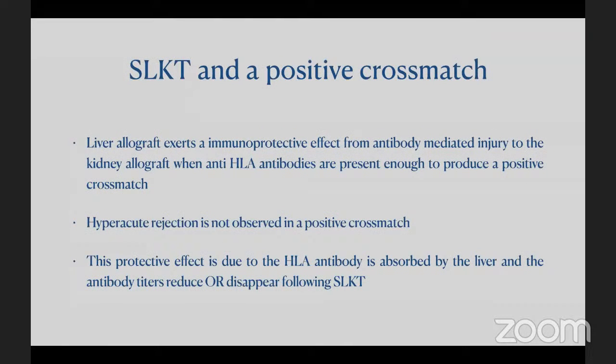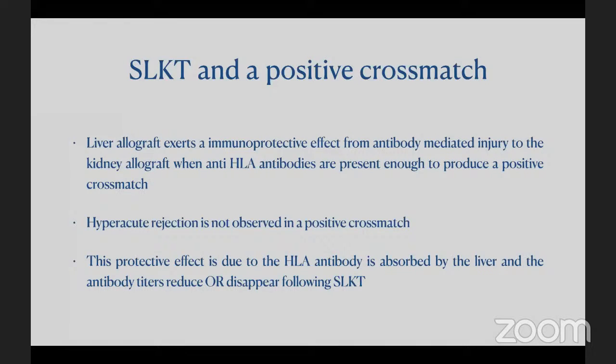Why do we do simultaneous liver kidney transplants? In spite of positive cross match, the liver allograft exerts an immunoprotective effect on the antibody mediated injury to the kidney allograft, even when the anti-HLA antibodies are present in enough quantity to produce a positive cross match. That means the MFI is more than 10,000.